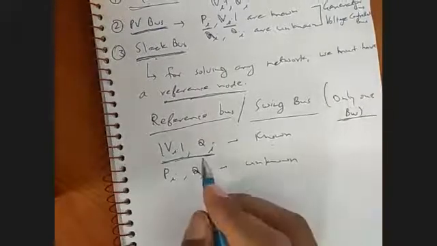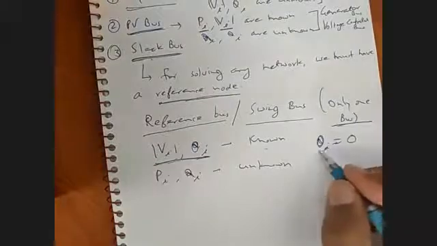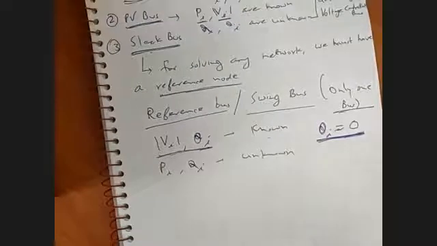Only one bus is taken as the reference bus, and for that, because we have to take it as a reference, theta i will generally be taken as 0. So at this we take theta i, the angle of that voltage, equal to 0.